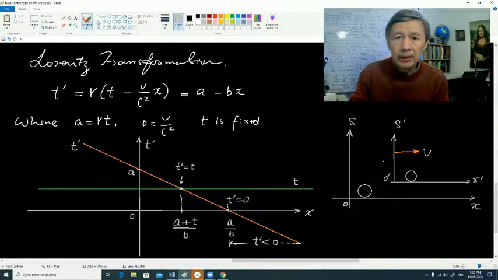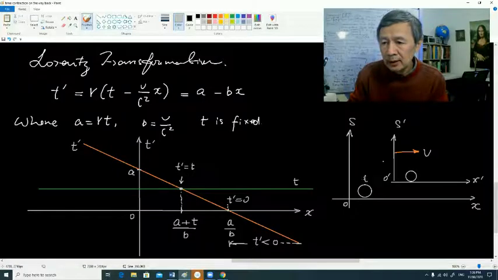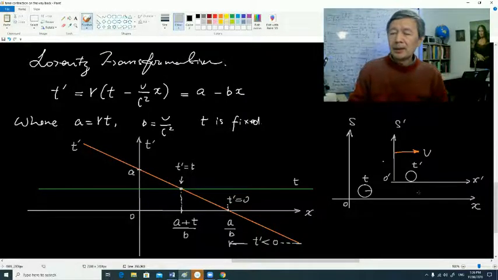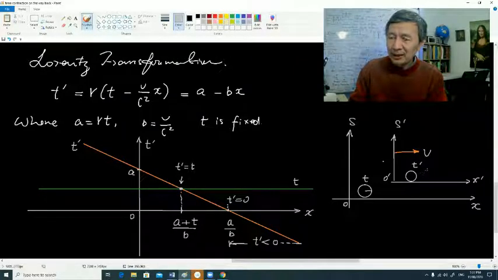So one clock reads t, another clock reads t prime. Can we just draw it simply? The convention is that many people would accept the claim that the moving clock will go slower.